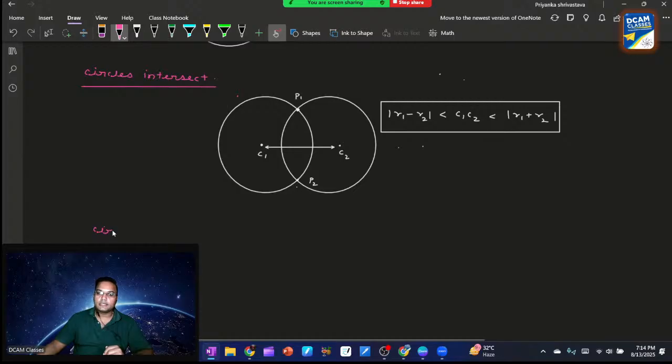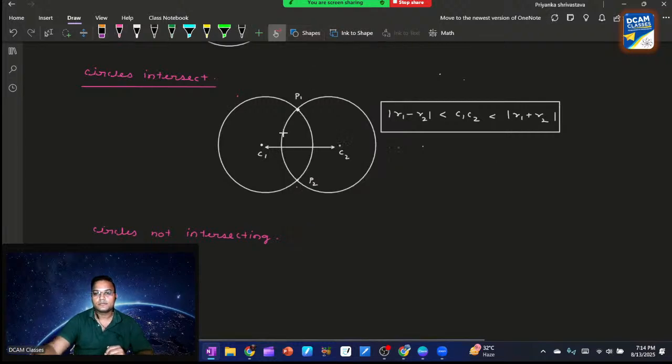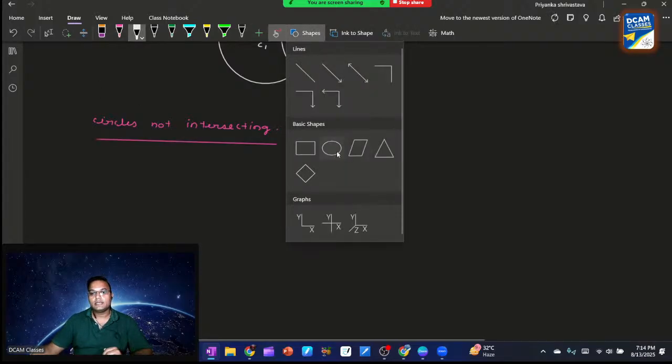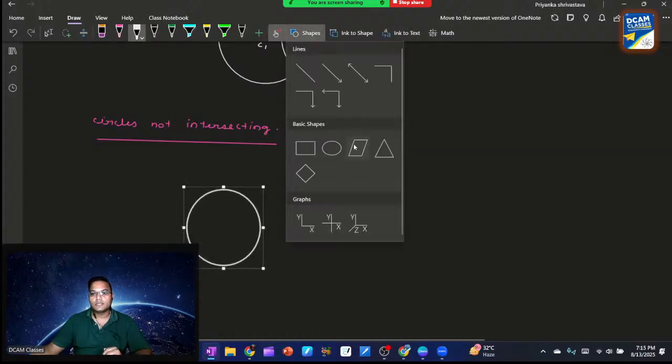When the circles are not intersecting, you can have again two conditions. Either this is the case, these two circles are there.